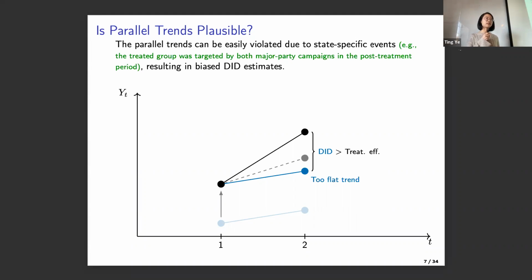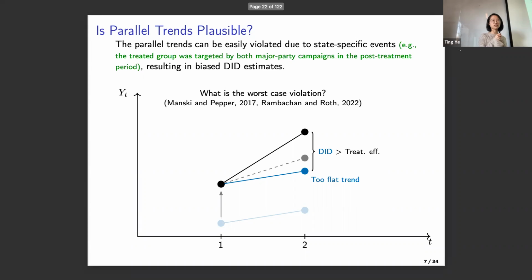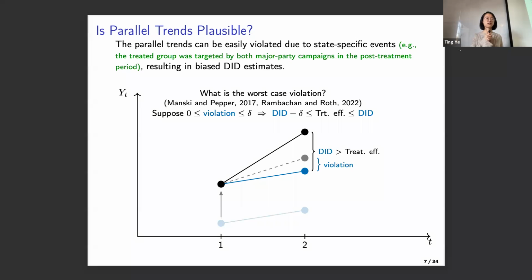And there are many methods proposed to address this violation of the parallel trends assumption. Here I will briefly highlight two of them. The first method is asking what's the worst case violation. Basically we need to specify a delta which bounds the violation.